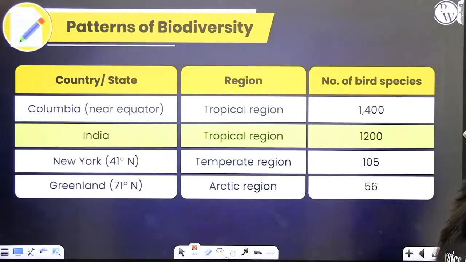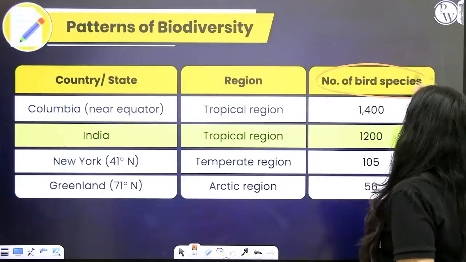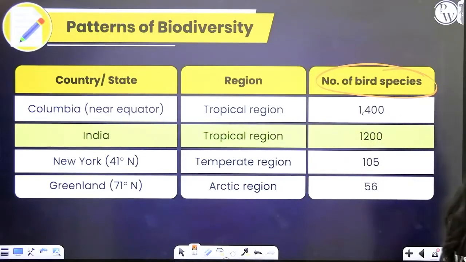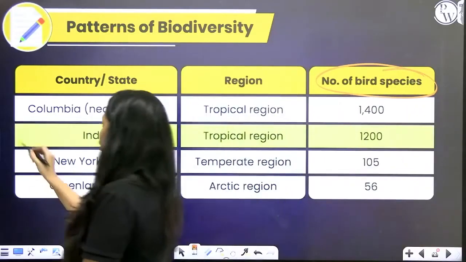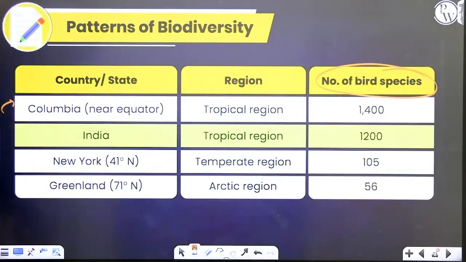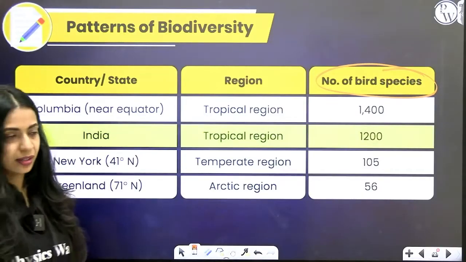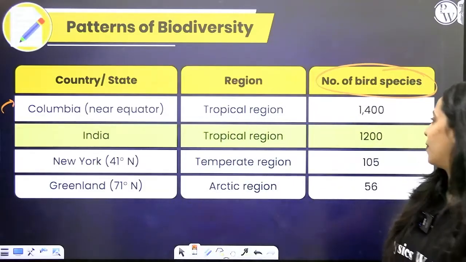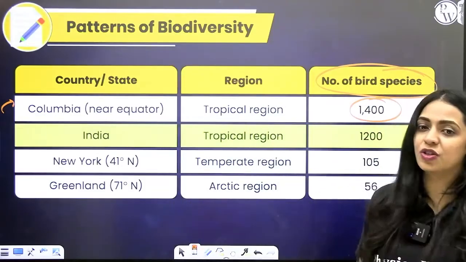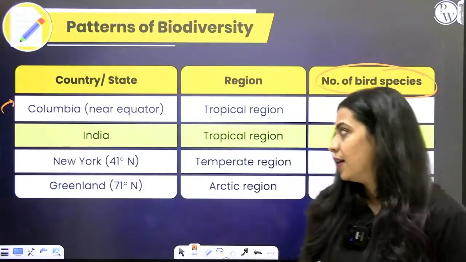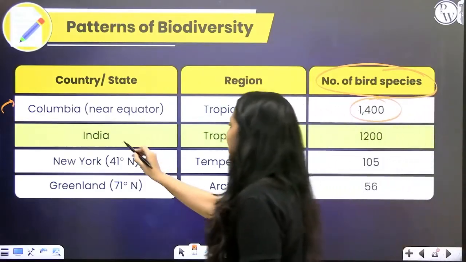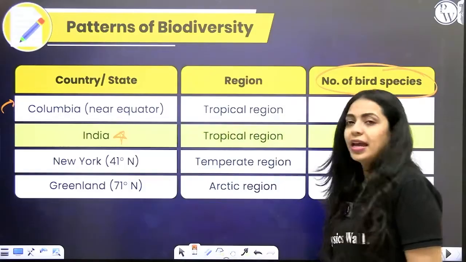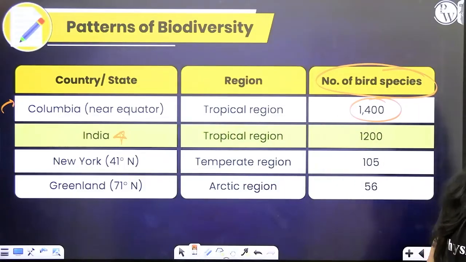Now, let's take the example of bird species diversity. Colombia is very, very close to the equator, within the tropical region. In Colombia, you find around 1400 species of birds. India also lies in the tropical region, and we have about 1200 species of birds.